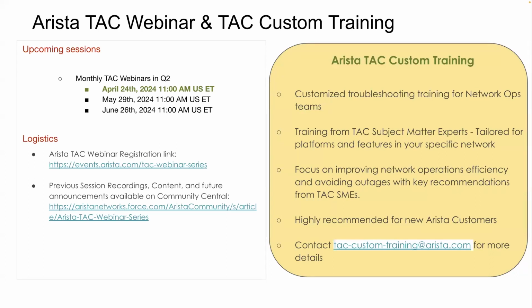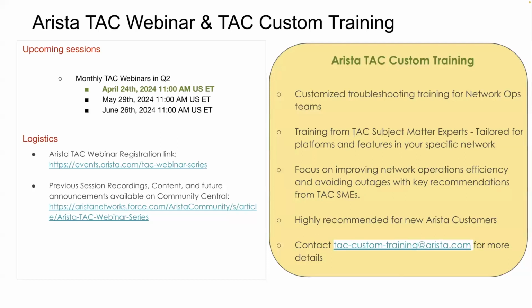Starting this year, we are bringing more Arista products into the mix and doing a deep dive into how these products together can offer a helpful platform for debugging any common networking problem. So this is our third session this year, and we also have our Q2 schedule out for the series as well.